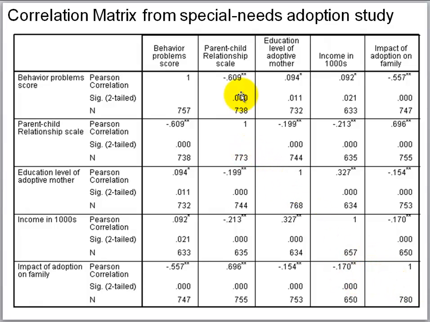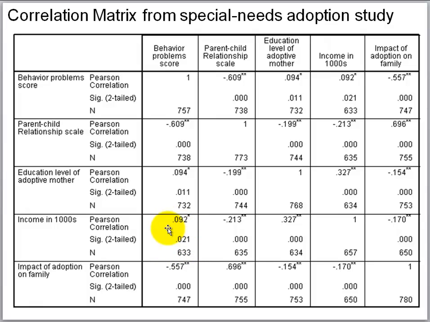Note that each correlation is presented in the correlation matrix both above and below the diagonal. As an example, the correlation between income in thousands and behavior problems is 0.092, and that can be found in this cell, and again that very same information is presented in this one.